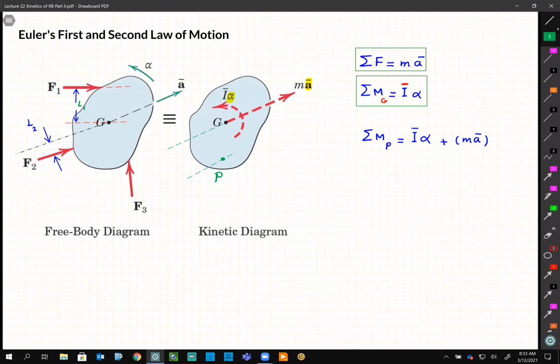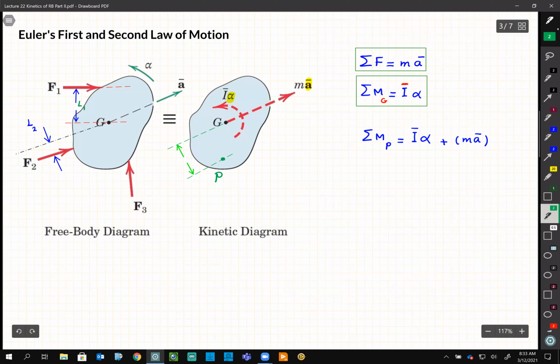So let's call this distance D. All right, so this is D, and this is D. So this is also Euler's second law, but that's a new version of the sum of the moment about G is equal to that.